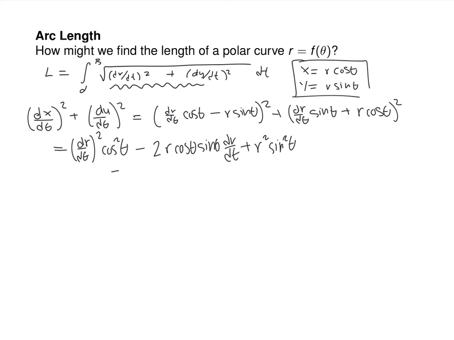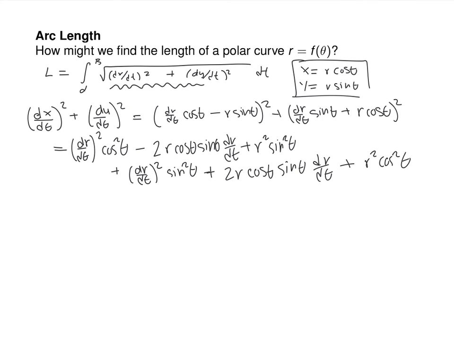Plus the second one will be very similar, dr d theta squared sine squared theta. Now this time plus 2r cosine theta sine theta dr d theta, and then plus r squared cosine squared theta. And thankfully, at least something cancels.